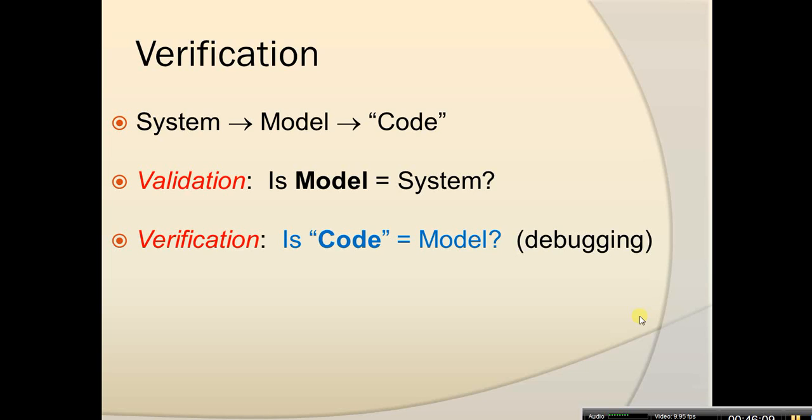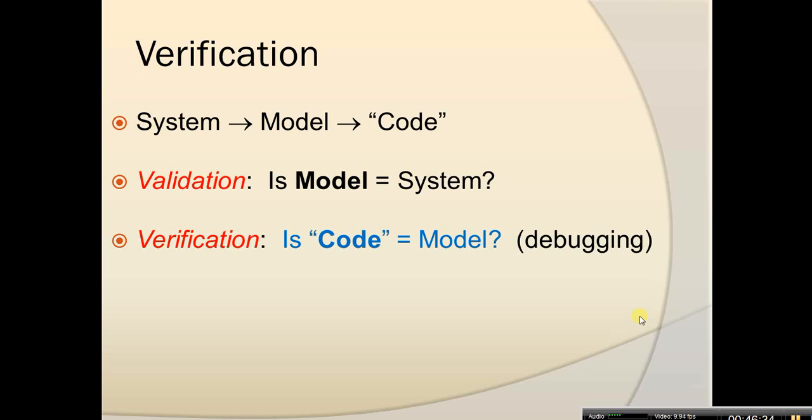In Arena we do it visually, but it still creates this code. And so the question is whether our code corresponds to the type of mathematical model that we are trying to create. The verification answers this question: is the code the same as the model?